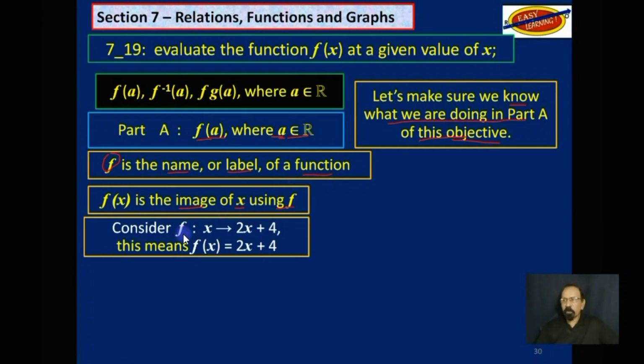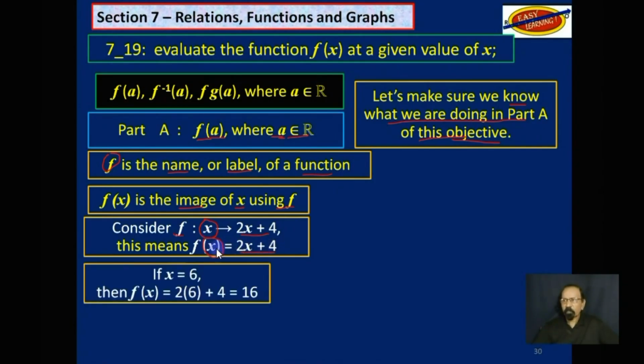So consider the function f where x maps onto 2x plus 4. It means f at x is equal to 2x plus 4. So if x is 6, then f of x, or f at 6, will be 2 times 6 plus 4.